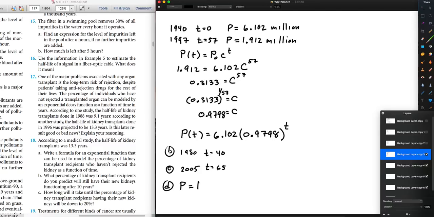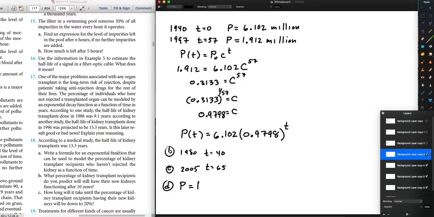The percentage of individuals who have not rejected a transplant organ can be modeled by an exponential decay function as a function of time in years. According to one study, the half-life of kidney transplants done in 1988 was 9.1 years. According to another study, the half-life of kidney transplants done in 1996 was projected to be 13.3 years.